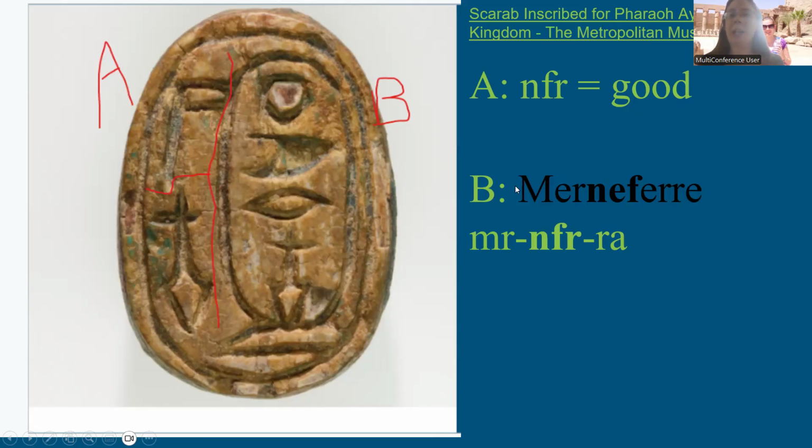But then you can also have that same picture or image function as part of a personal name, again closer to what we would call our alphabetic letters, which is how that Nefer is functioning in this cartouche here. So we have Nefer, Netcher, perfect or good God. And then one of the names of this ruler, Mer-Nefer-Re.